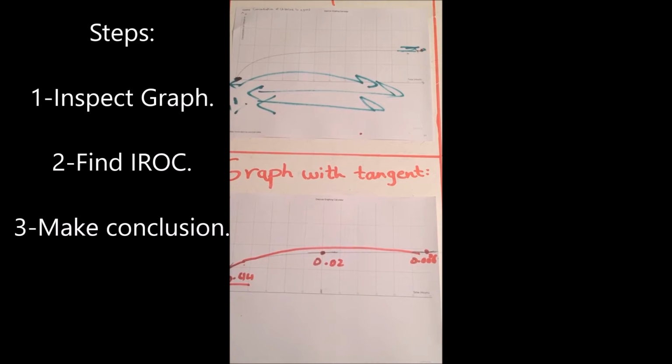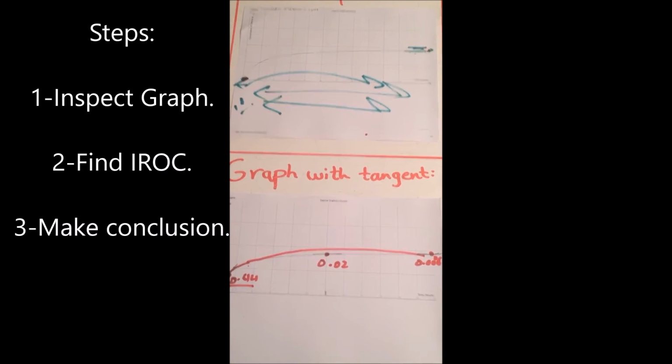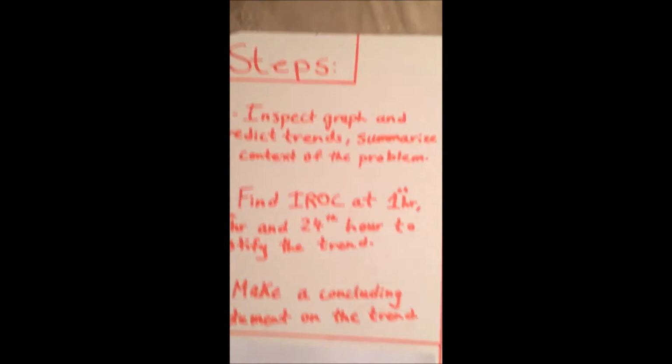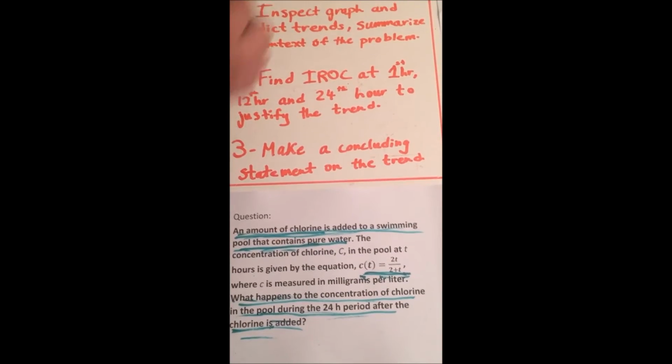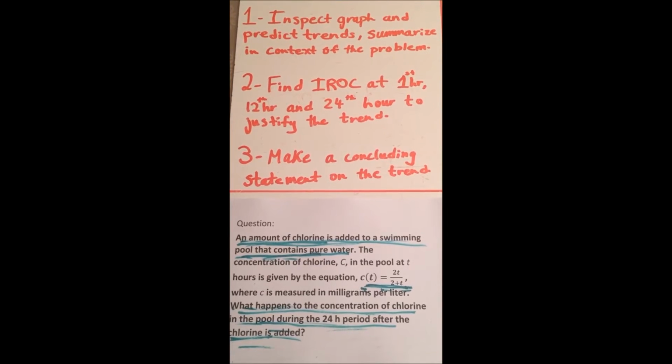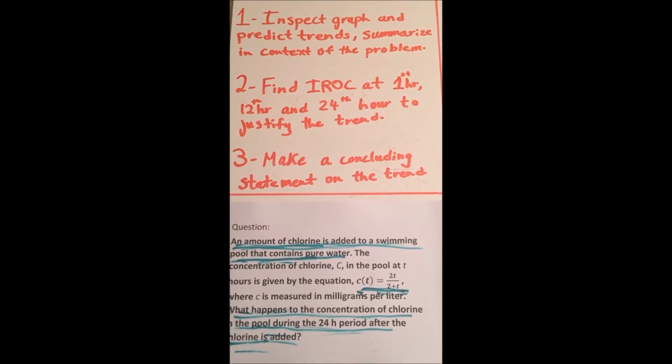So we can now finally make a concluding statement about this as we go back to our question. How are we going to make this concluding statement? Well, we looked at the graph, we saw the trends, we saw the numbers.